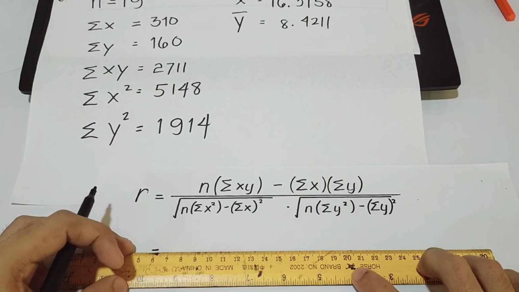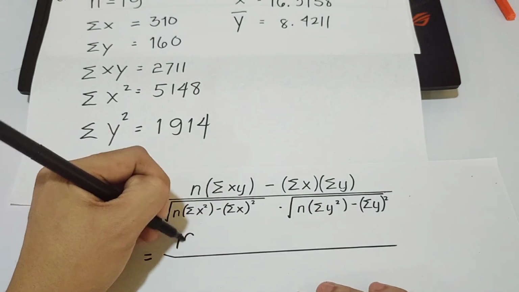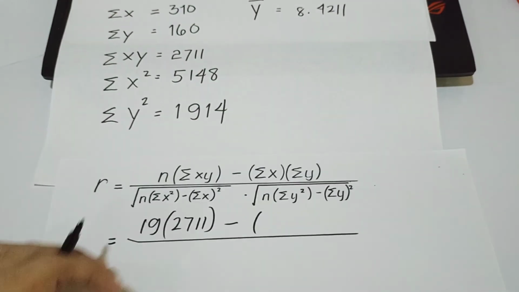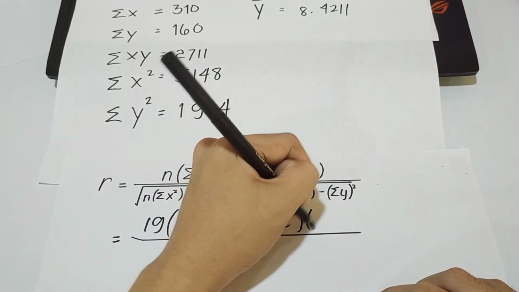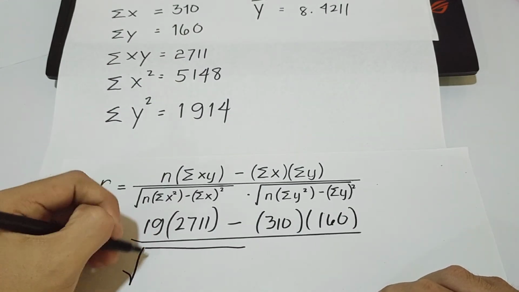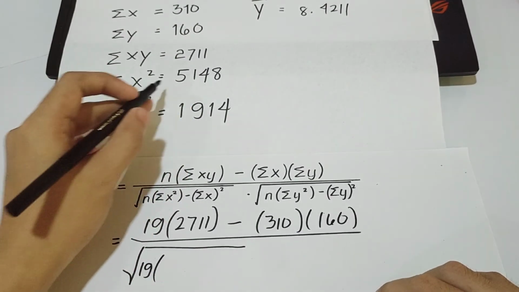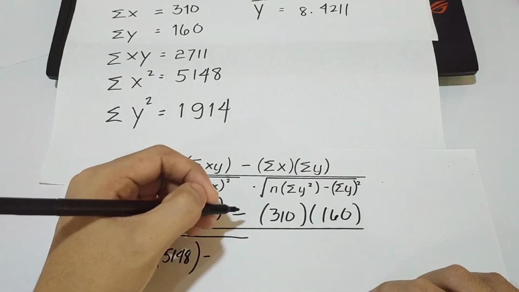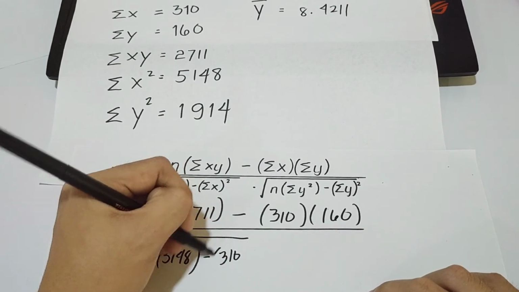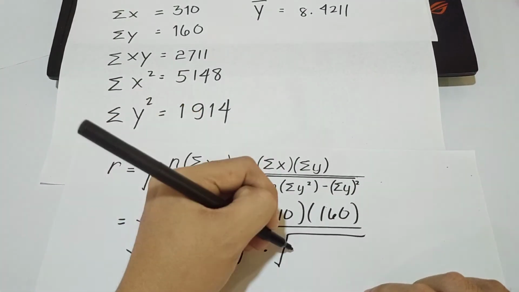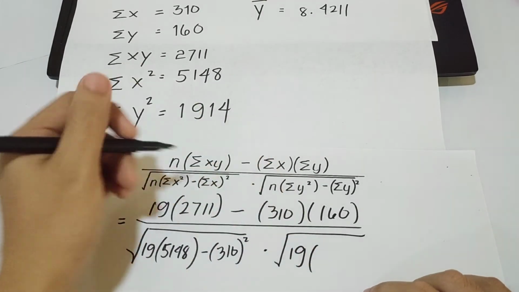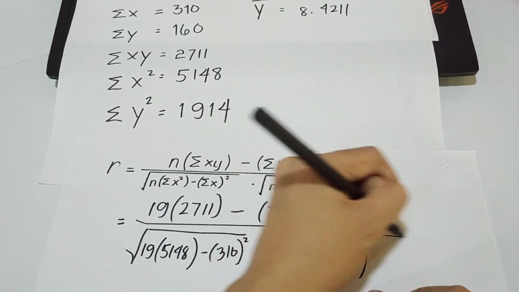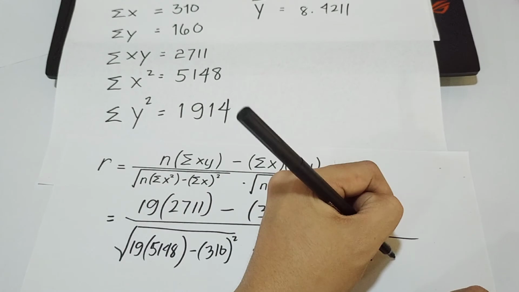And then we have 19 multiplied by 2711 subtracted by the product of the summation of x and the summation of y, which is 310 times 160, all over the square root of 19 times the summation of x squared, 5148, minus the square of the summation of x, so 310 squared, multiplied by the square root of 19 times the summation of y squared, which is 1914, minus the square of the summation of y, so 160 squared.